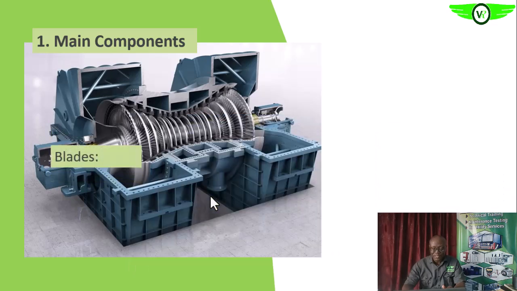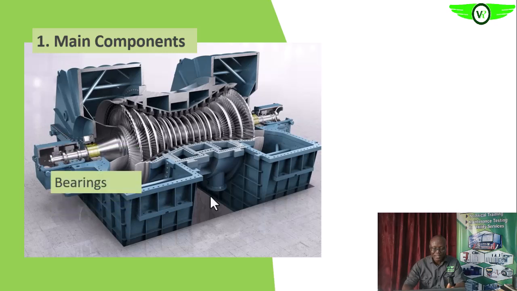Then we have the blades, as we have seen earlier. Then we also have the bearing. Remember, the rotor needs to have that free movement around the casing, it has to rotate freely. So one of the components that assists the rotor to rotate that freely is the bearing. Are we getting it? It is the bearing. So the bearing does two things basically. It supports the weight.